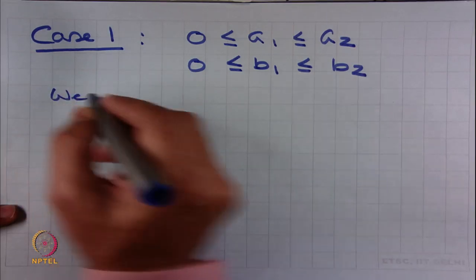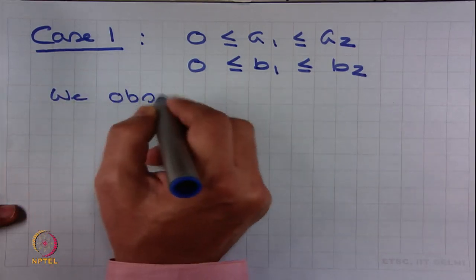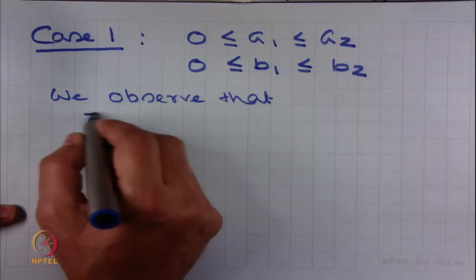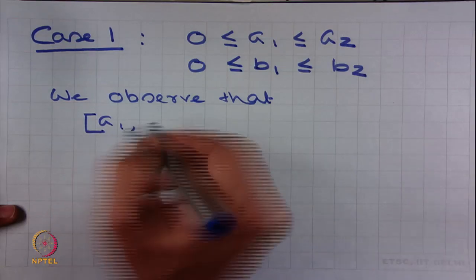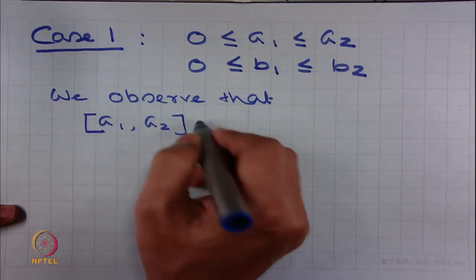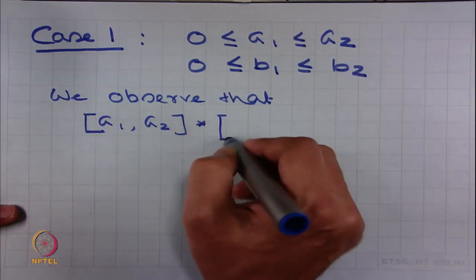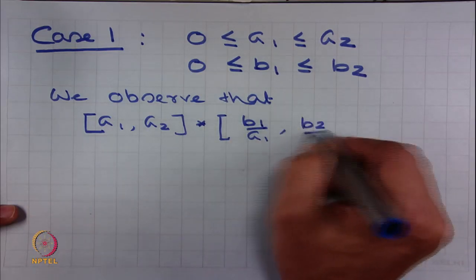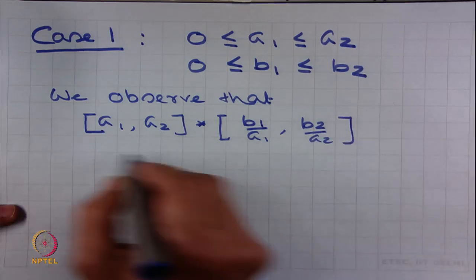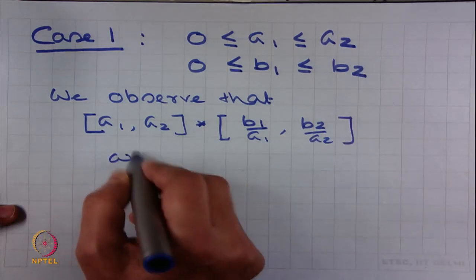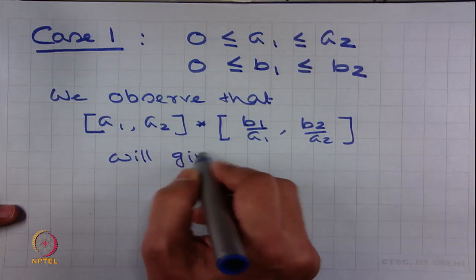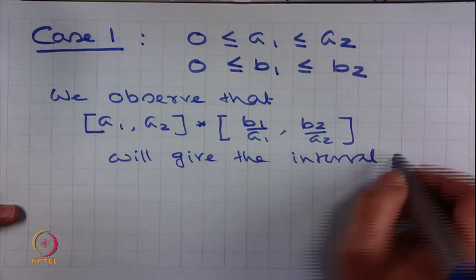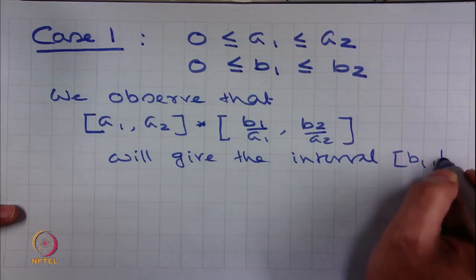We can observe that the interval A1 A2 multiplied by B1 upon A1 comma B2 upon A2 will give the interval B1 B2.